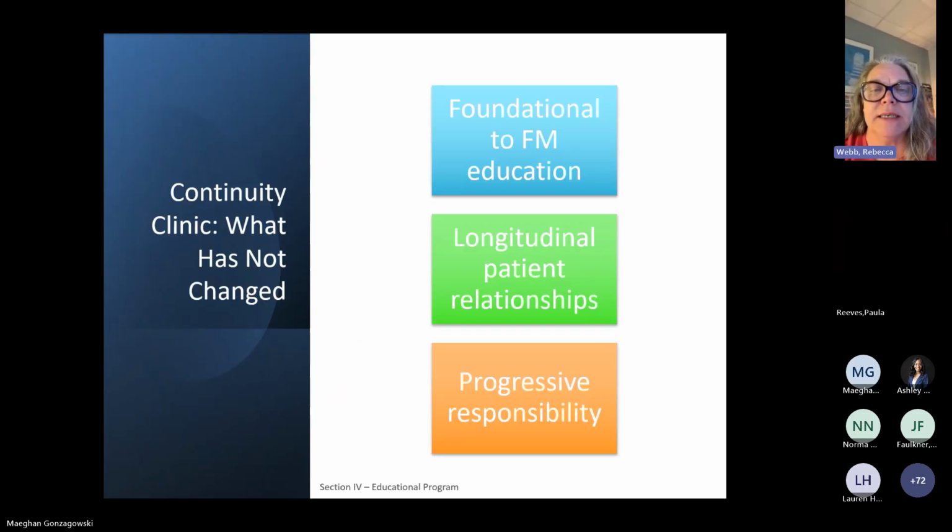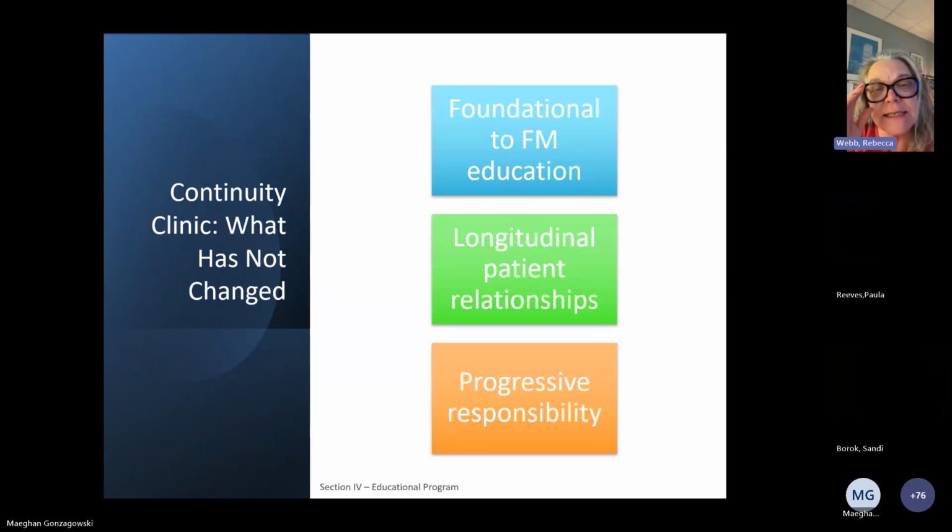All right, next slide. Sorry, give me 1 second. Ooh, sorry. All right. Continuity clinic. This has not changed. So foundational to FM education: longitudinal patient relationships and progressive responsibility. That is what our program requirements state that we need to offer to our residents over their 3 years of residency. So this is not changing. Continuity clinics are going to still be required.